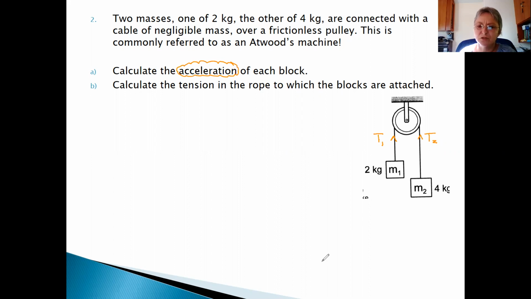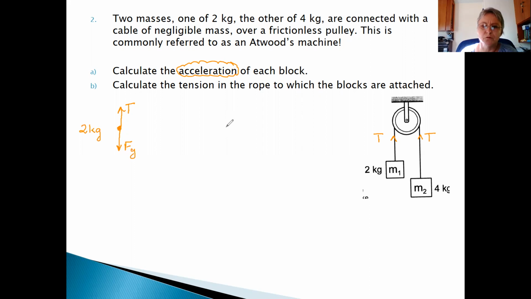So I'm going to just use T for tension. Now, they have not asked us to draw a free body diagram for each block, but in order to solve the problem, I need to be able to visualize the situation, and I need to identify all the forces acting on each of the blocks. So that is up, tension, and down would be Fg.